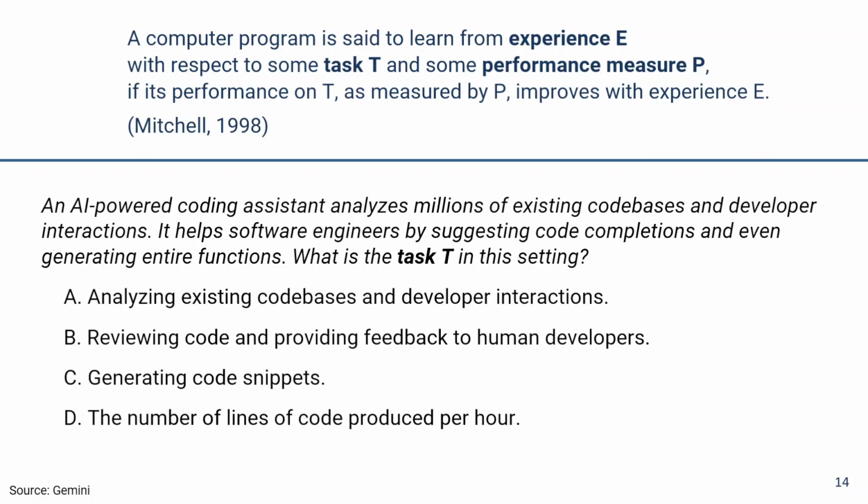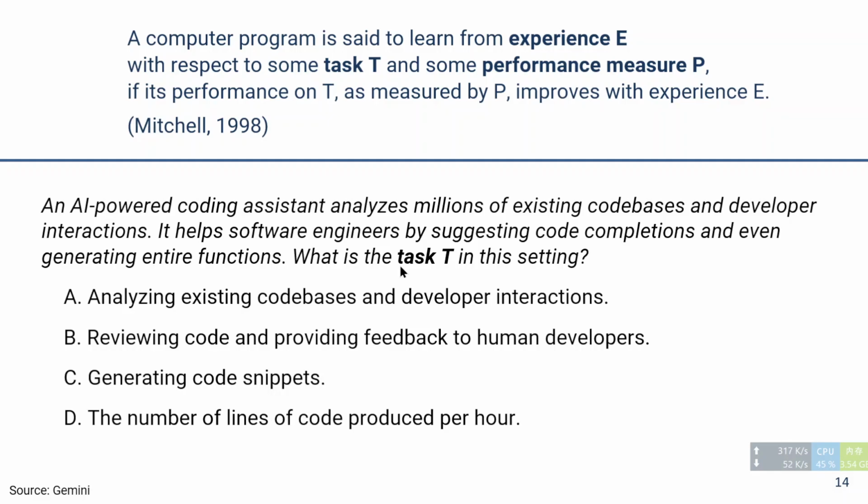Okay, so now let's read this one, everyone. I just put the definition here again for your reference. Now let's check this MCQ. An AI-powered coding assistant analyzes millions of code examples. It helps software engineers by suggesting code completions and even generating entire functions.